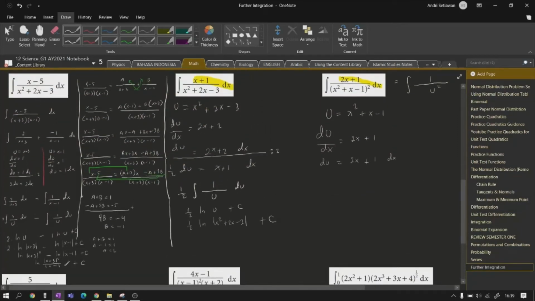With the first example, we can break it into two parts because x squared plus 2x minus 3 can be factorized into x plus 3 and x minus 1.